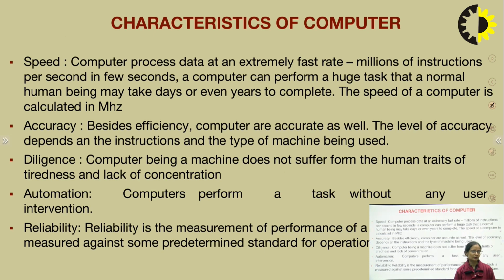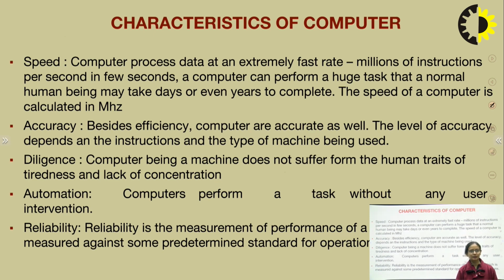But in the case of the computer, if you give some task to be performed by a system for 24 hours, then it will do it without getting tired. So this is the diligence quality of the computer system. Automation. Computer performs a task without any user intervention. That is, once you submit some process, the computer will do this for you.